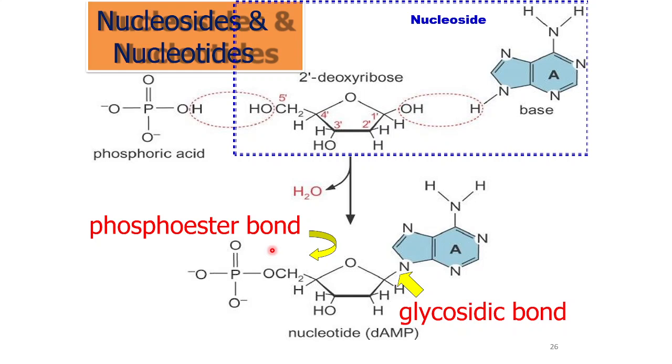So the glycosidic bond is between the ribose sugar in the 1' position and the nitrogenous base, whereas there is a phosphoester bond between the 5' carbon of the ribose sugar and the phosphoric acid. So this is a nucleotide because it has a phosphate group, a pentose sugar, and this particular nitrogenous base is basically adenine, so we call it dAMP.